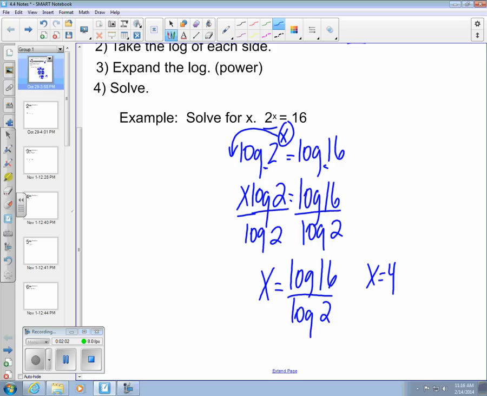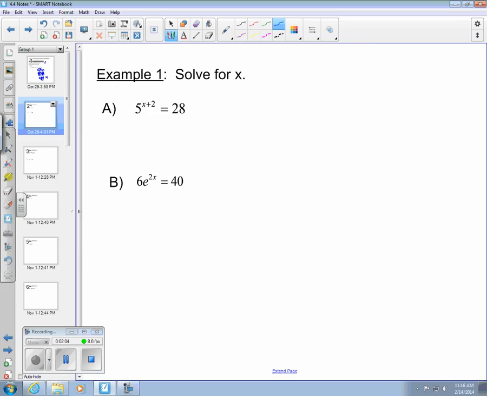All right, so for our next example, we want to solve for x. We have 5 to the x plus 2 equals 28. We already have our exponential expression isolated. We have some base to the x power equal to some number.